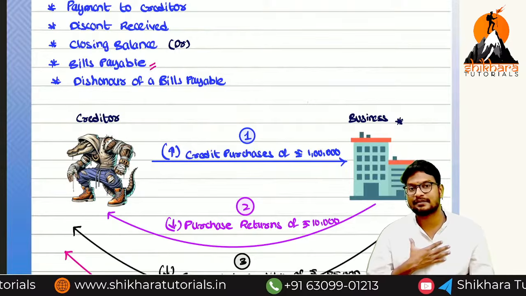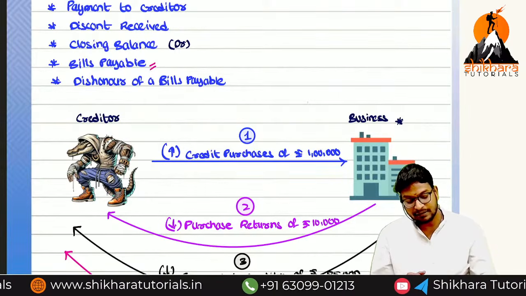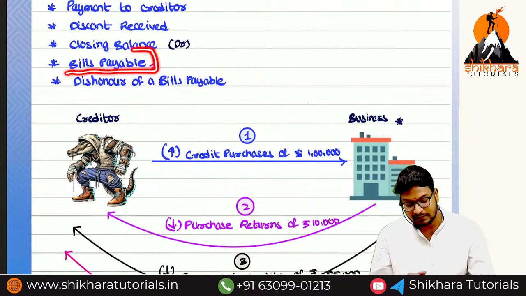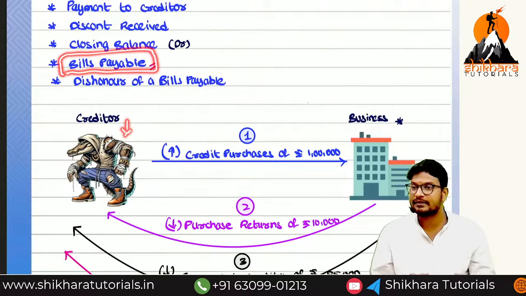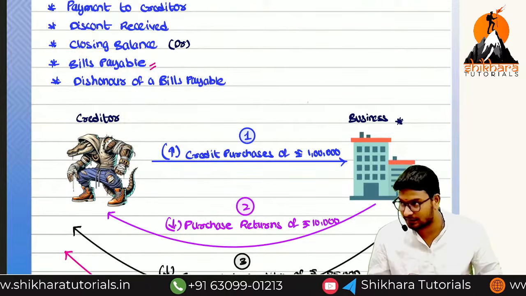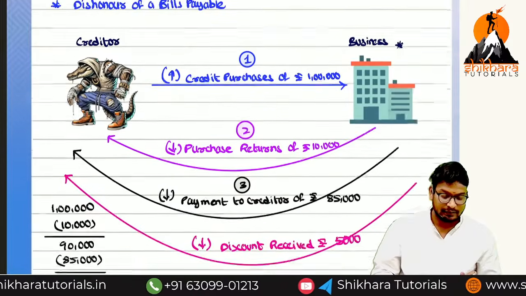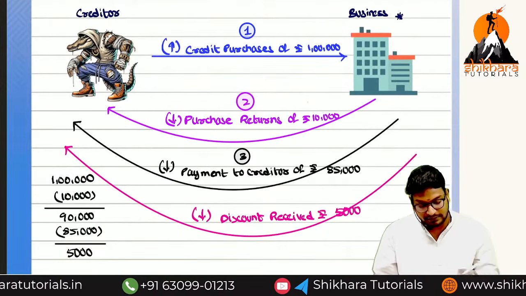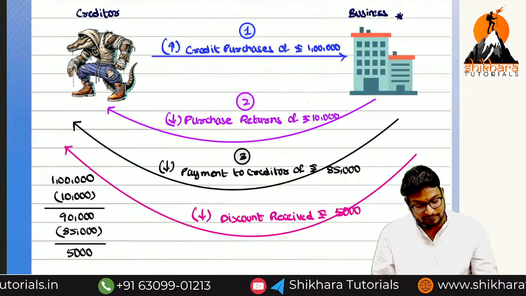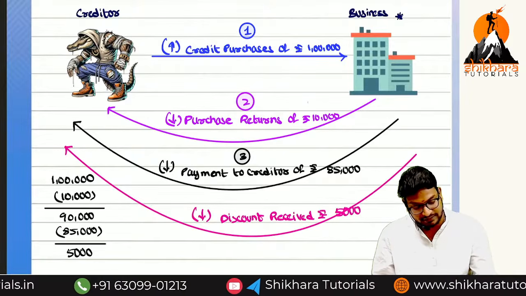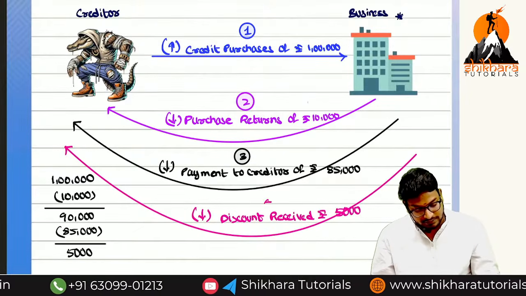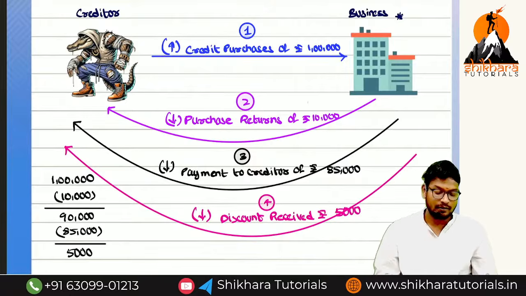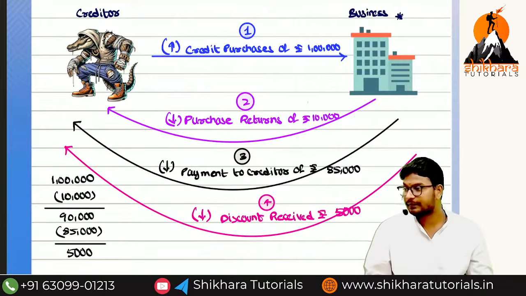So we have to accept. At that point of time bills payable will come into the picture and the creditor value will decrease. Just the name changes, that's all. Okay? So until now we can understand these 4 transactions. Then after that we can see bills payable and bills receivable separately. So this is the 4th one. Completed?